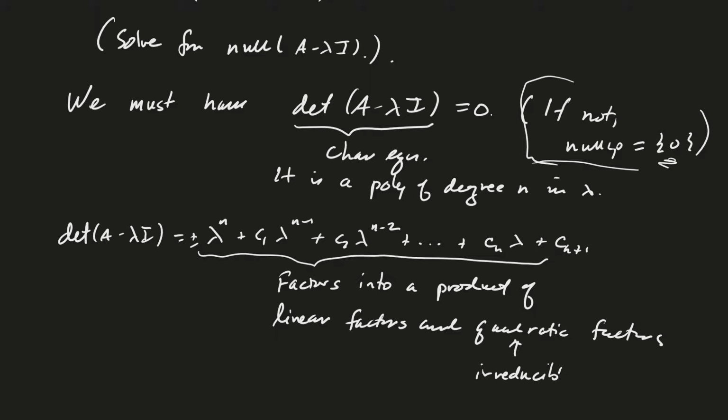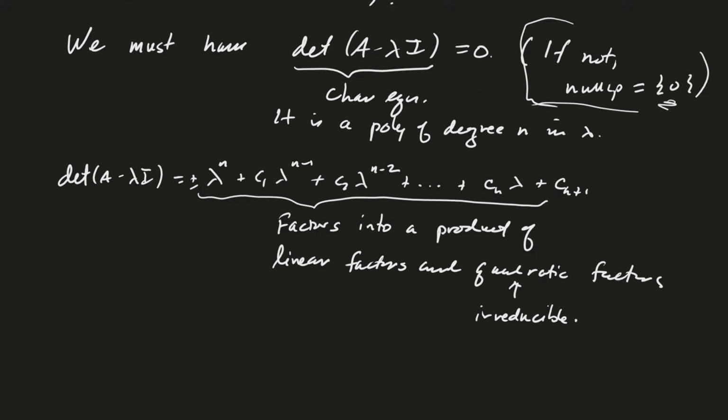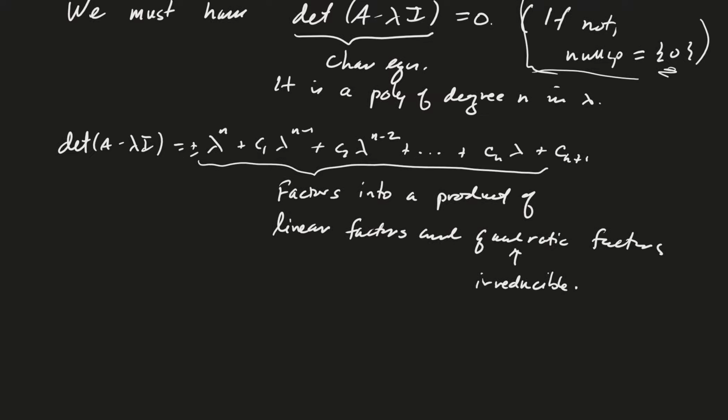Is this sounding familiar? Because what we're saying is that all real polynomials can be factored into a product of linear factors. By linear factors, I mean factors of the form like ai times x minus bi. And then quadratic factors are just irreducible quadratics.